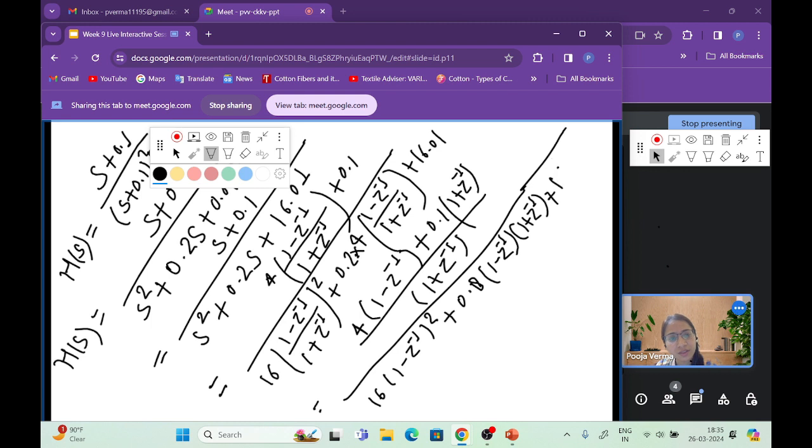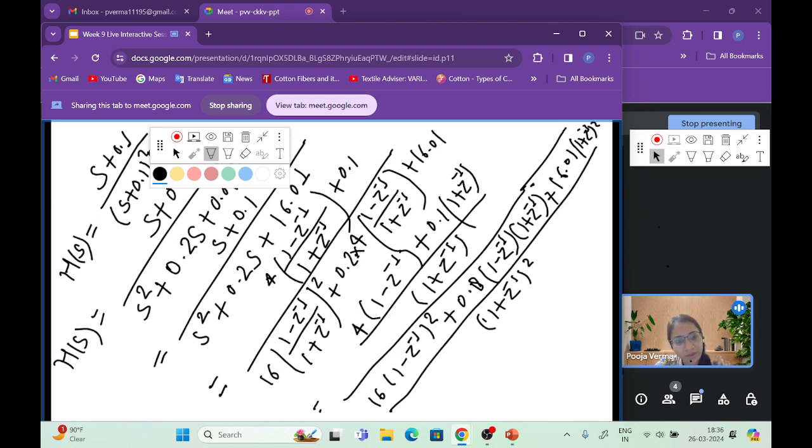Plus 16.01, 1 plus z inverse square, that is divided by 1 plus z inverse square.